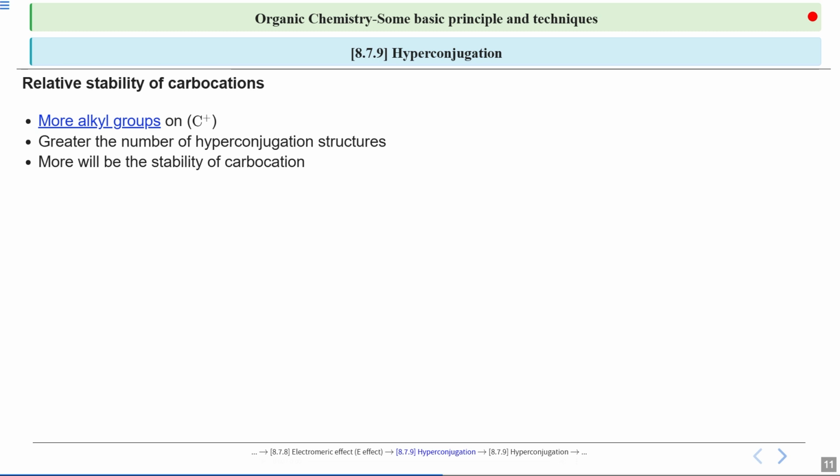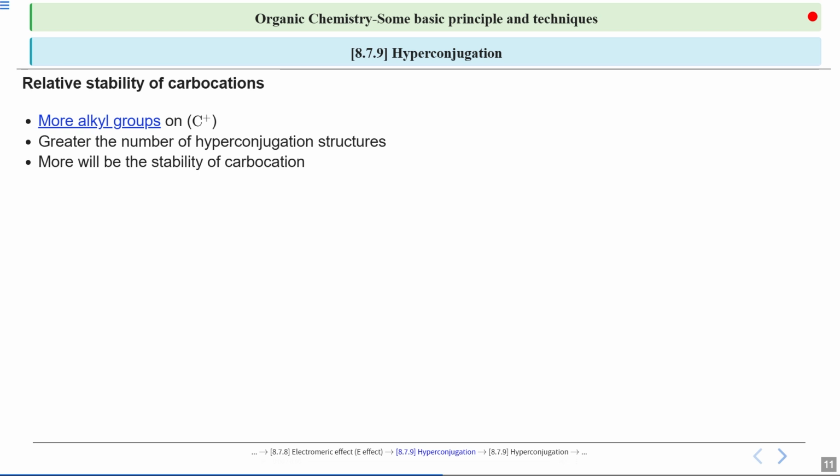To connect this, you can think of it in a simple way. Your carbocation is electron deficient, meaning it is carrying a type of burden. But if you delocalize this burden, rather than keeping it on a single carbon, and spread it throughout the molecule, that will make the burden simple to carry, or you can say it will make the carbocation stable.